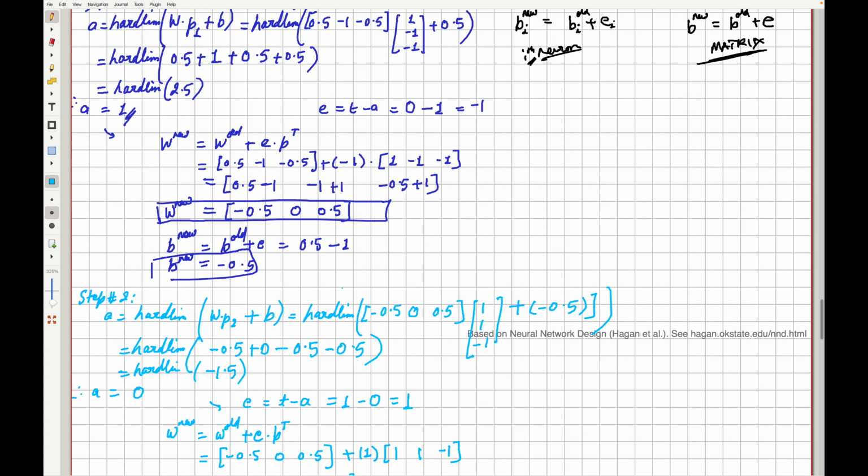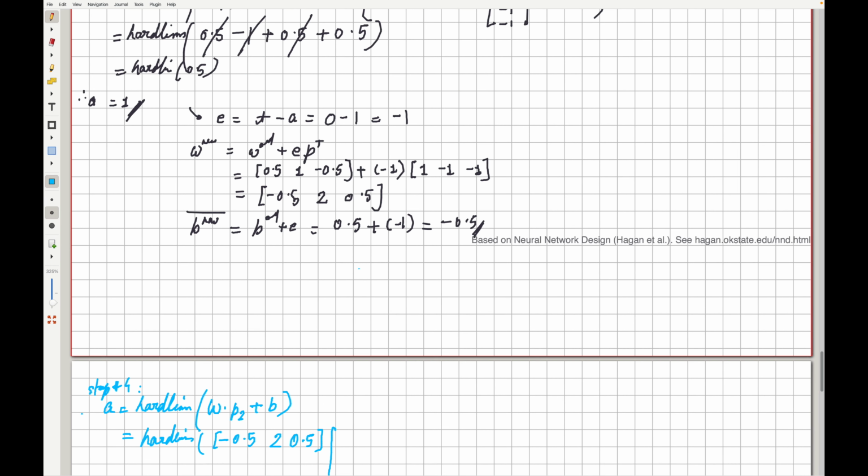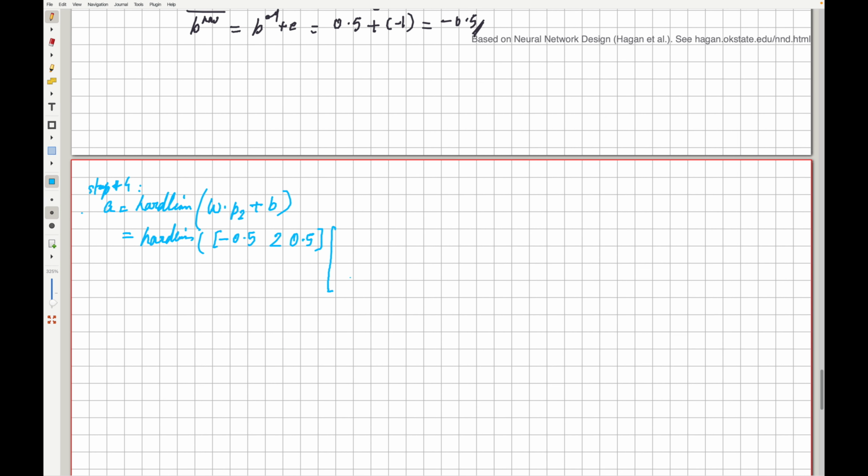We go back up and just look at P2. It's 1, 1, minus 1. So we scroll down and type 1, 1, minus 1. It's important to not make mistakes while doing these calculations, so I try to focus as best as I can. 1, 1, minus 1, and then we add the bias term, which is 0.5.